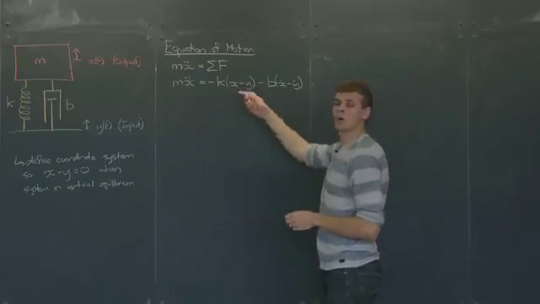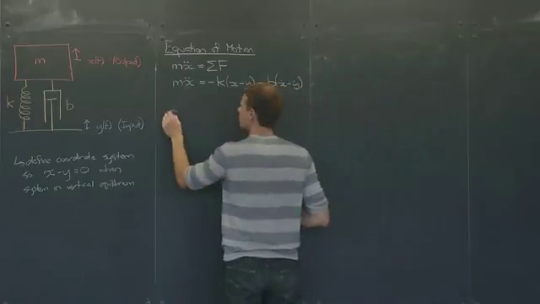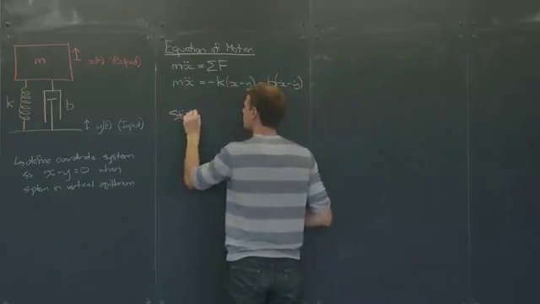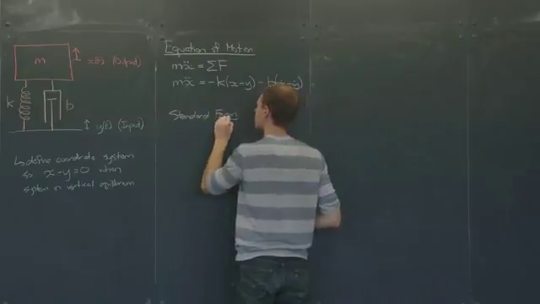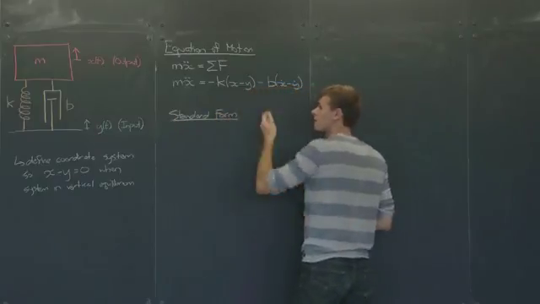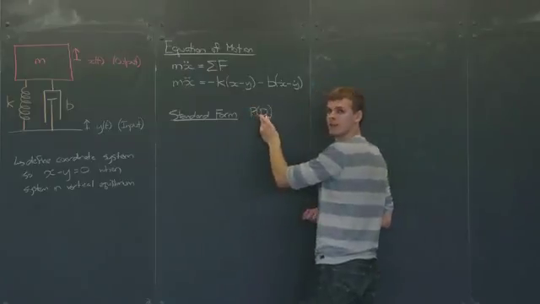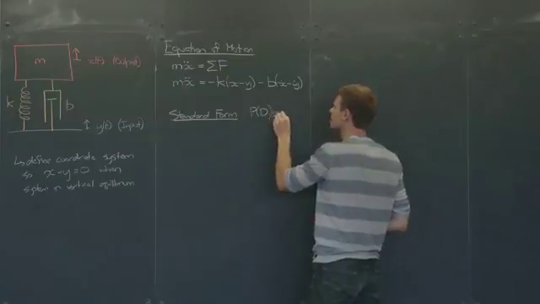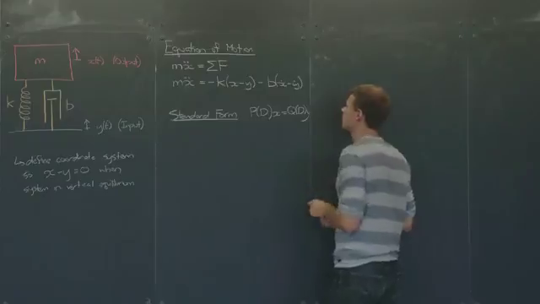Now that we have derived our equation of motion, it is convenient to put it in standard form. The standard form for this equation of motion is P of D, where D is the differential operator, times x equals Q of D times y.